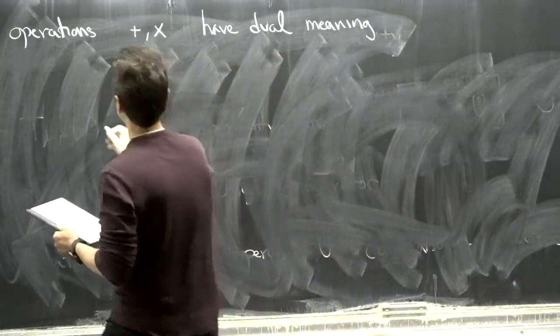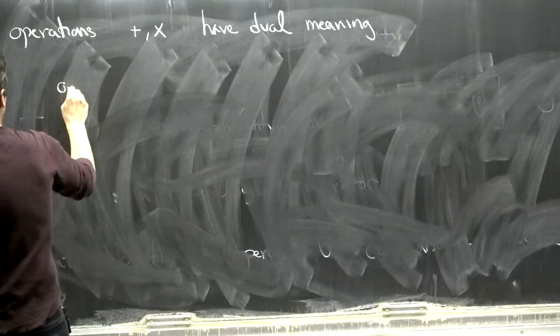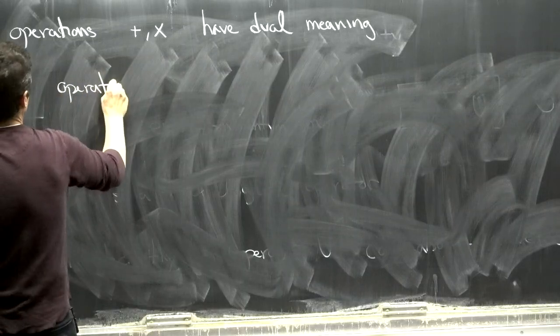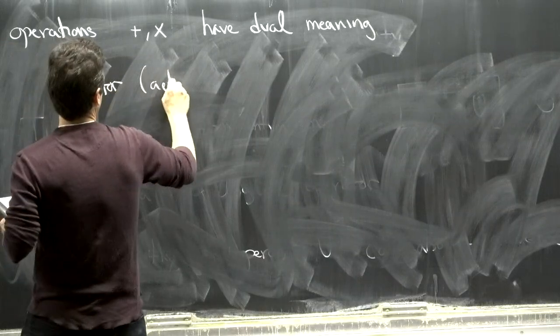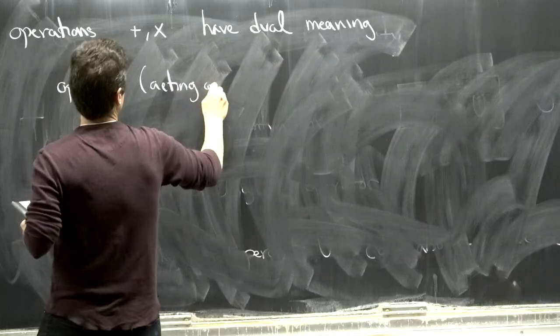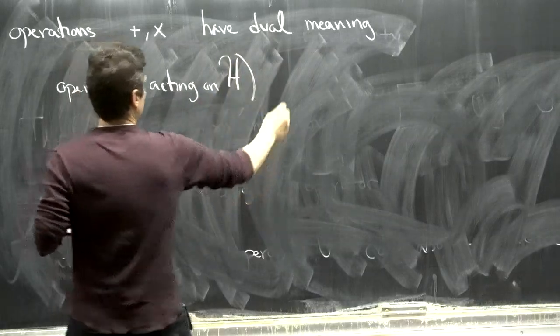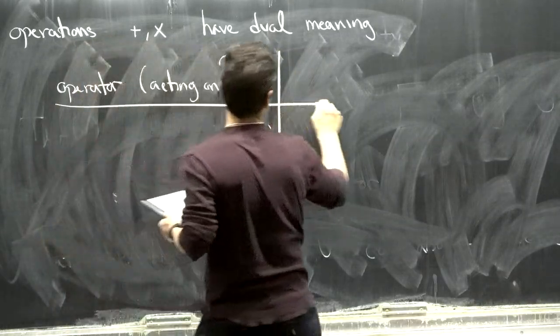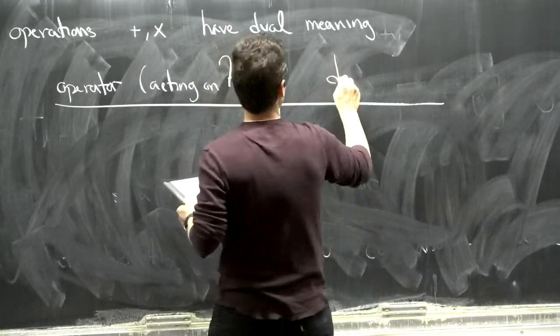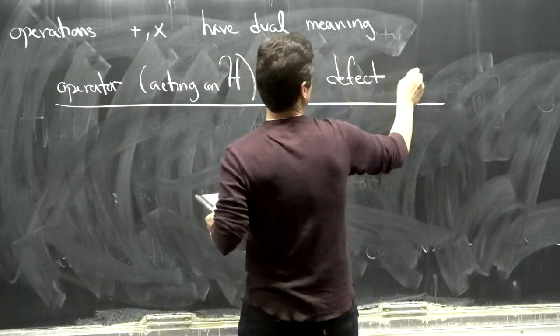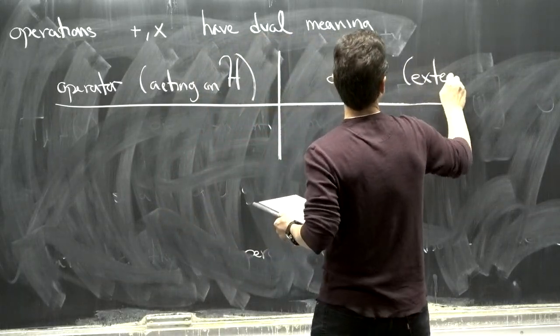Okay? So there's the operator meaning that's acting on the regular Hilbert space. And there's the defect meaning, where things are extended in time.